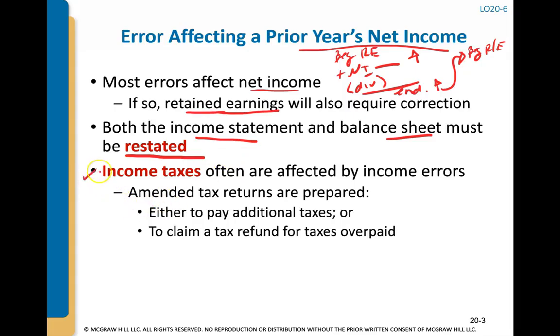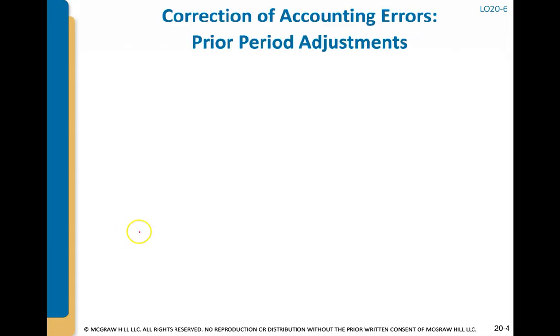And we also have to think about income taxes when it comes to income errors, because if the error is material enough, the corporation may need to amend their prior year tax returns to either reflect more income and therefore pay more taxes, or less income and claim a refund for taxes overpaid.